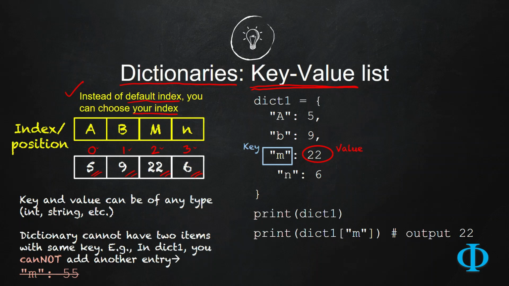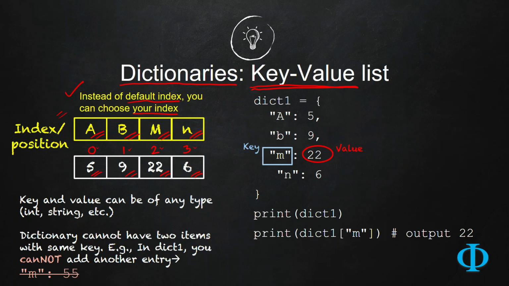But here in a dictionary, you can choose your own index. For example, in this slide, I have used A, B, M, and N as an index. A is my first index, then B is the second index, then M is another index, then N is another index.